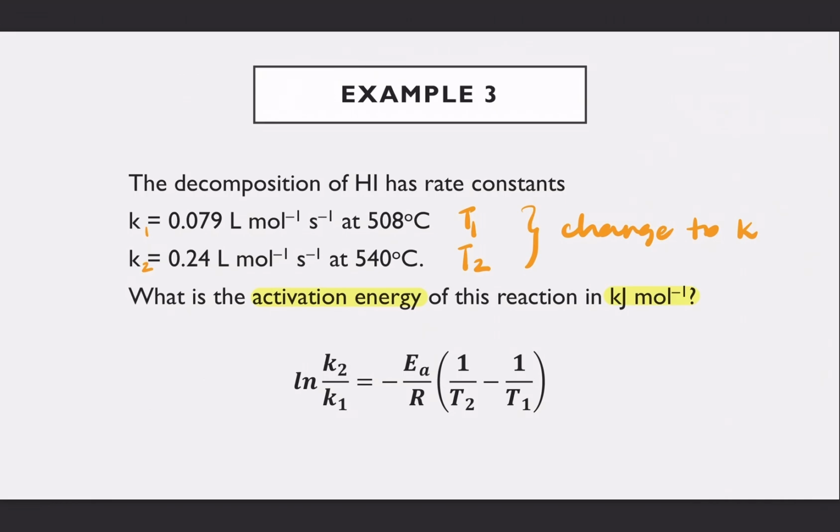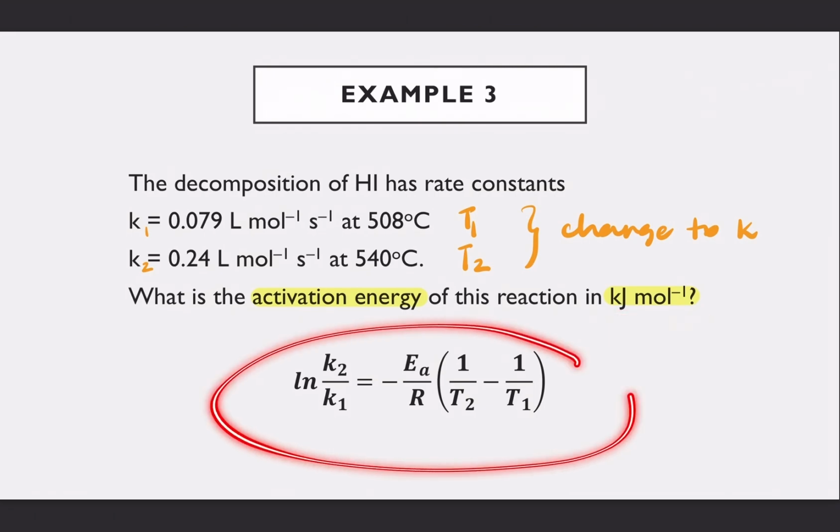Alright, so example 3. The decomposition of HI has rate constants K1 and K2 at these temperatures T1, T2. What is the EA of this reaction in kilojoule per mole?